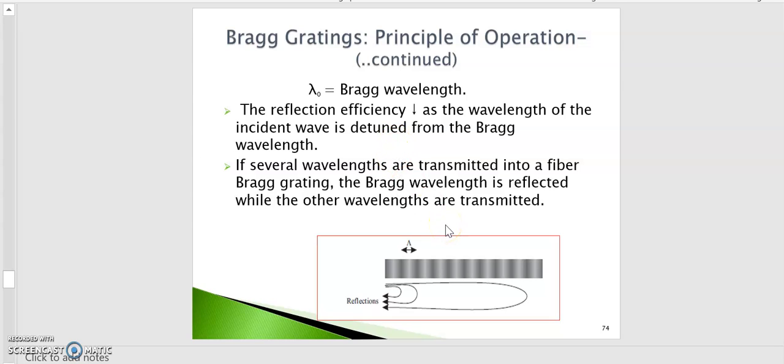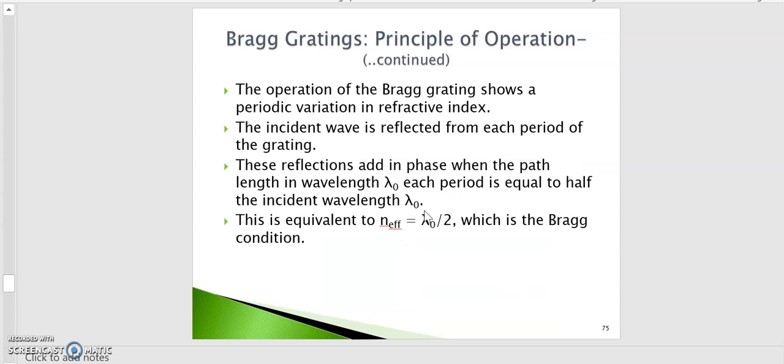Suppose you are transmitting several wavelengths into the fiber Bragg grating, then the signal at the Bragg wavelength alone is reflected while the other wavelengths are transmitted. That is, a wave satisfying the Bragg wavelength condition alone is reflected while the others are transmitted.